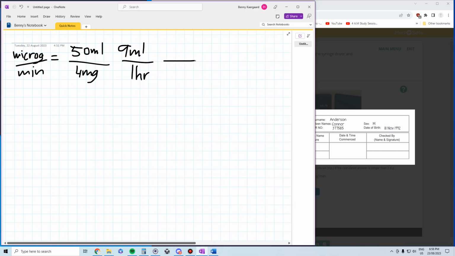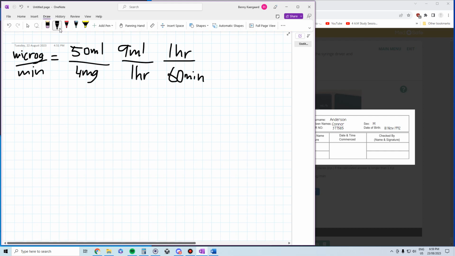So I'm just going to do this conversion first. Let's see. We got 60 mins, 1 hour. Now this hour and this hour cancels out, which is good. Which tells me this is right and this one here is wrong.